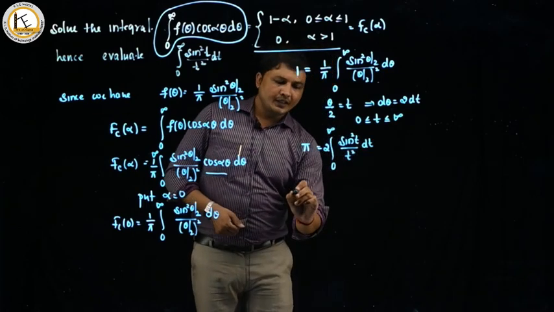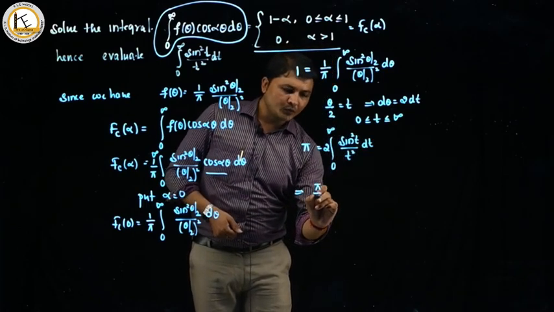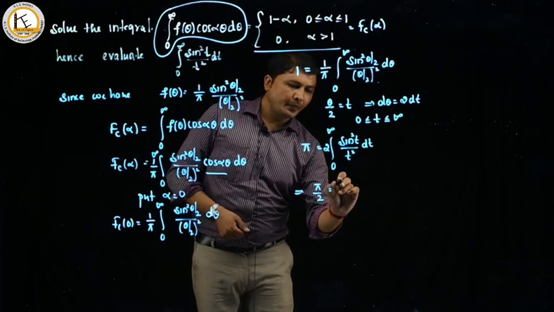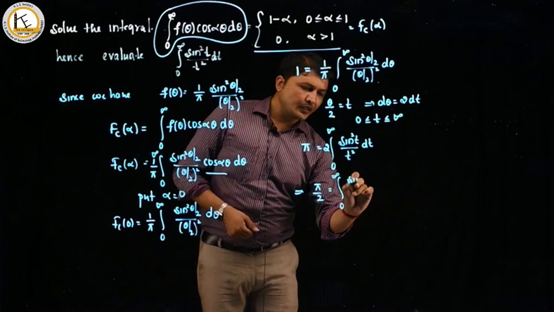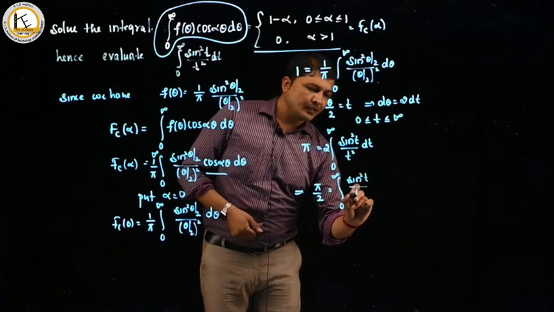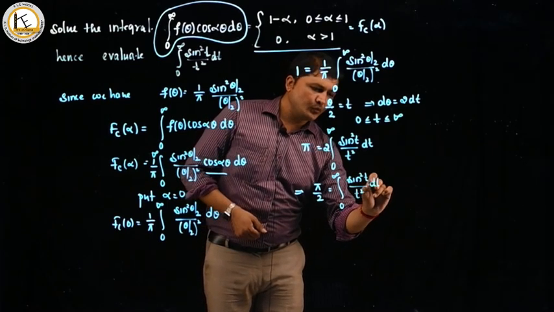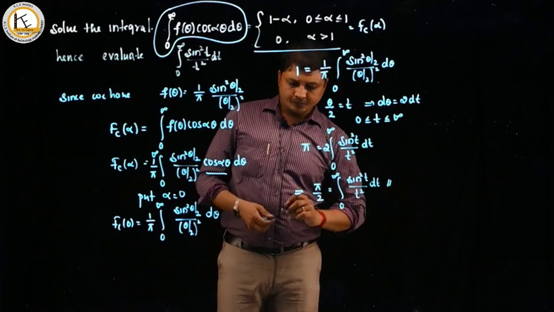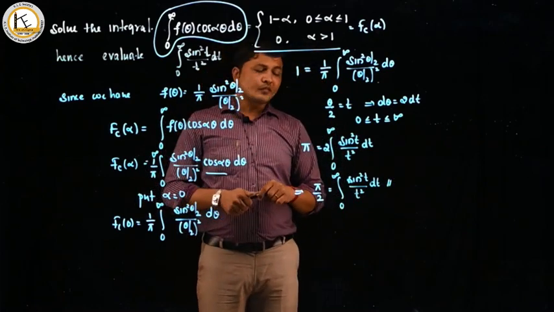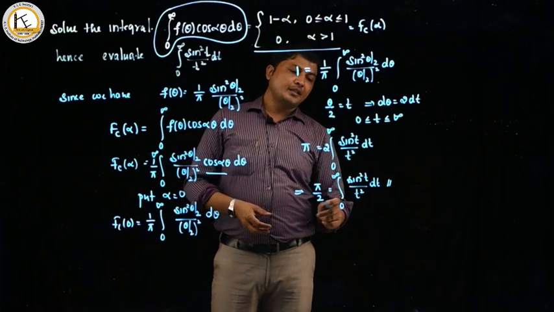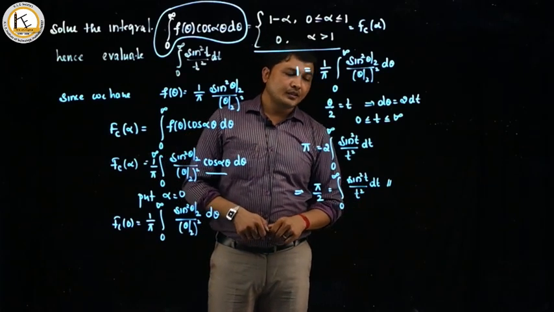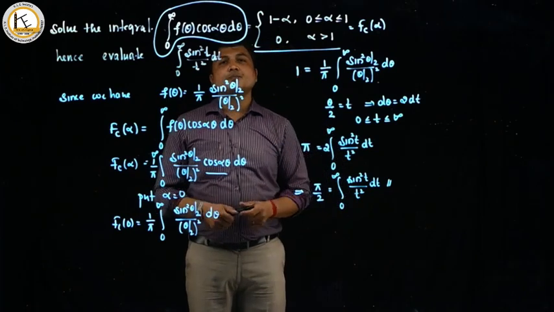So the final answer will be pi by 2 is equal to integral 0 to infinity sine square t by t square with respect to t, and that's the value of the integral, and hence that's the solution.